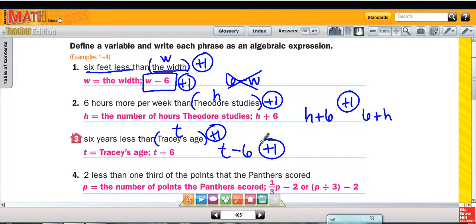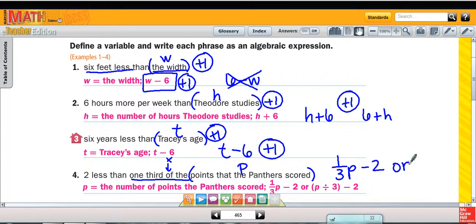Number 4 is a little bit tricky for us. So our unknown here is the number of points that the Panthers scored. So let's say we're going to use P to define our variable there. First, we kind of have to break down what's closest. So it says 1/3 of. We know that this word "of" means to multiply. So we're taking 1/3 of P. So you could have 1/3 times P, and then 2 less would be minus 2.